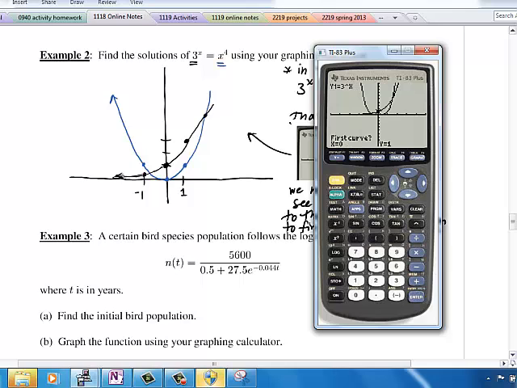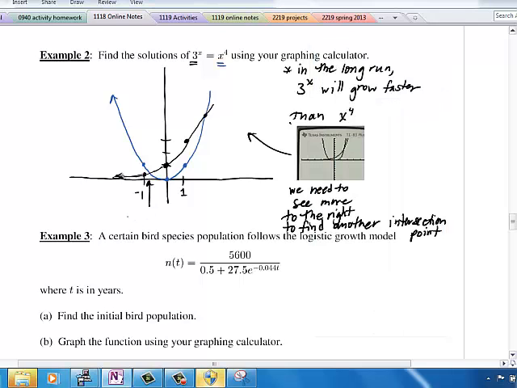Intersect. First curve, fine. Second curve, fine. I'll guess -1. And then we get -0.8022 and then 0.414 for y. So one of them is approximately x equals -0.8022.